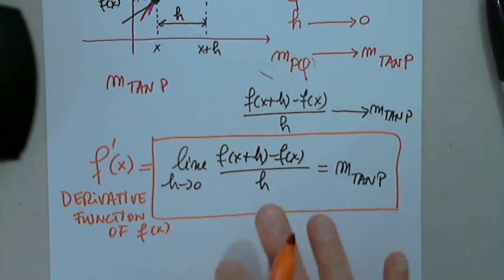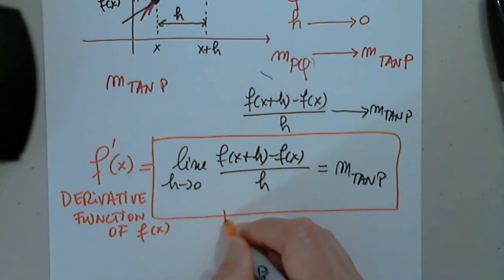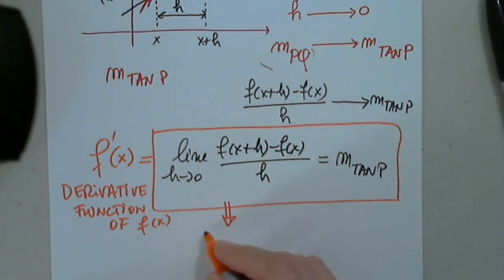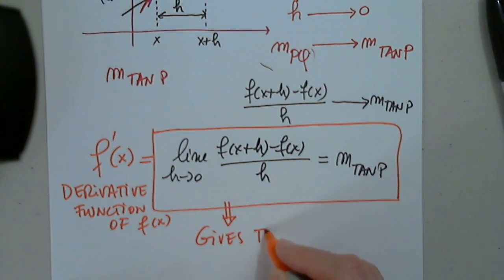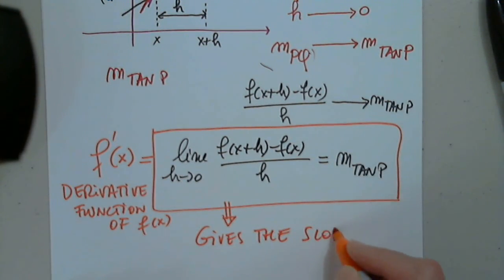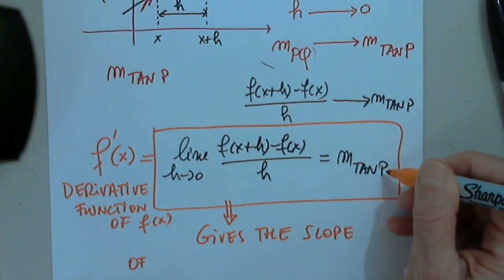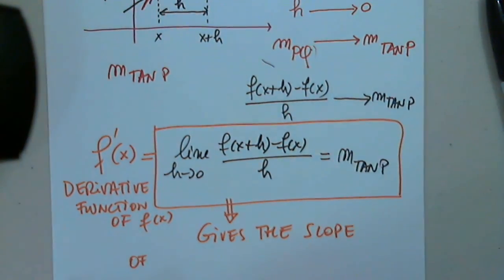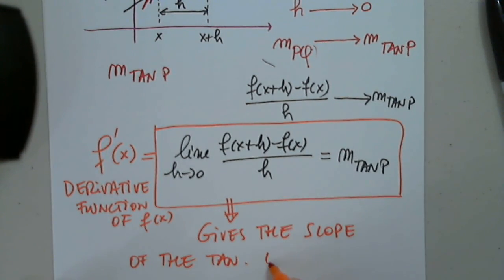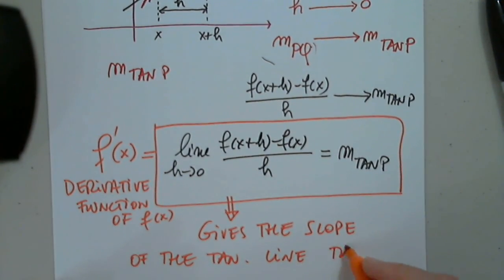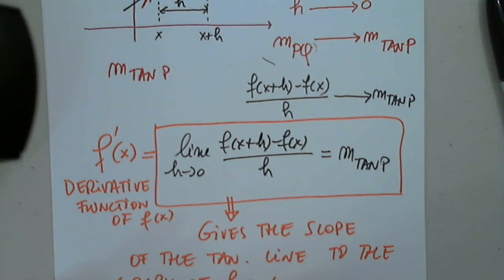Finally, I'm just going to write one sentence and I'll stop. This gives the slope of the tangent line, not just at P, anywhere you want. Gives the slope of the tangent line to the graph of f of x at any point.